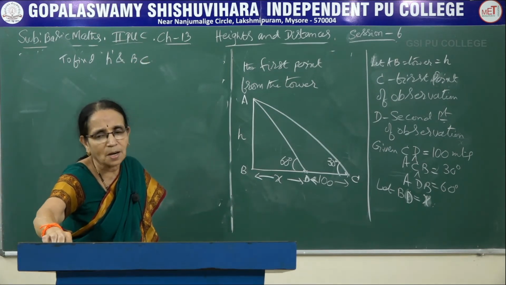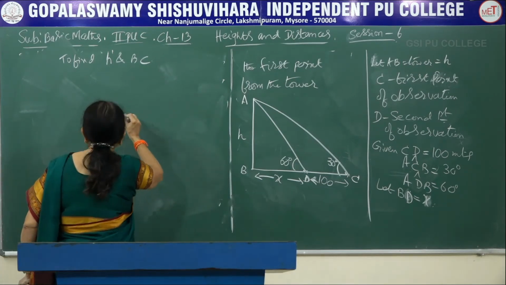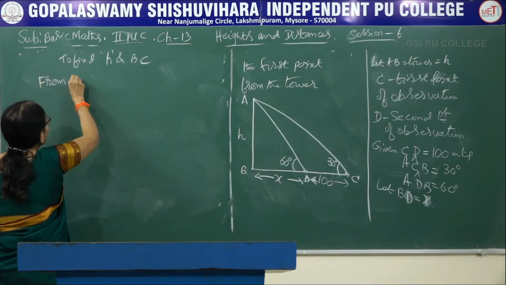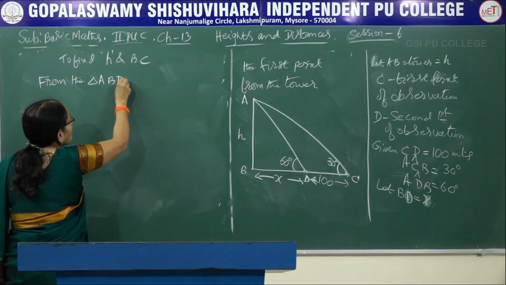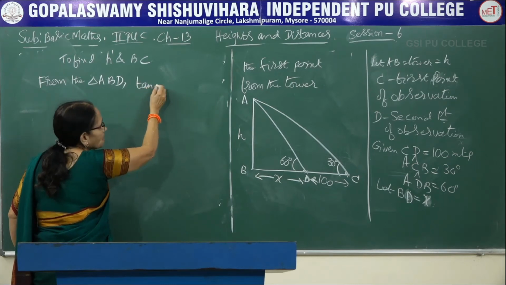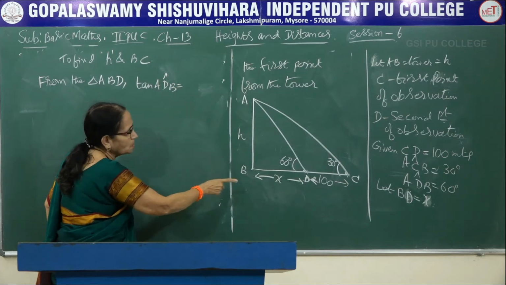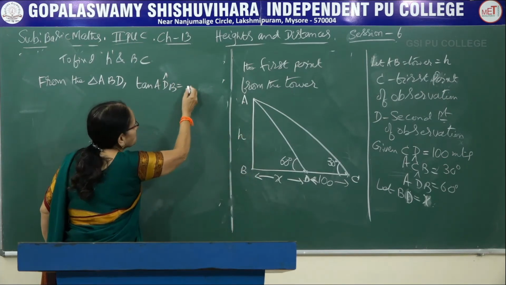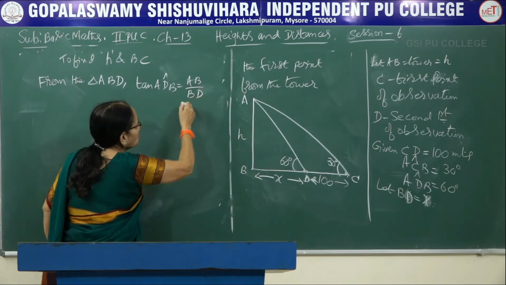Now let me consider any one of the two triangles. Let me take the triangle ABD. From the triangle ABD, as usual, consider tan of ADB. For that angle, AB is the opposite side, BD is the adjacent side, that is AB divided by BD.